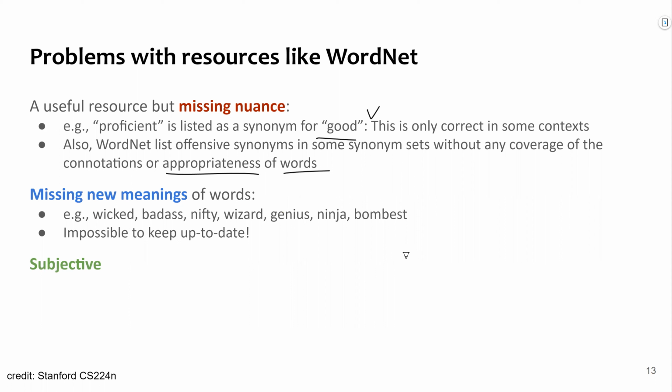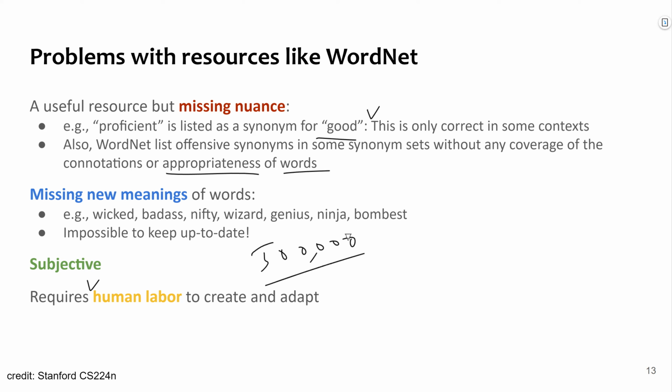Therefore, depending on who is categorizing the words, the result might be quite different. And of course, it requires a lot of human labor because there are more than 500,000 words in commonly used English. Therefore, sorting out all the relations between words manually is not feasible.